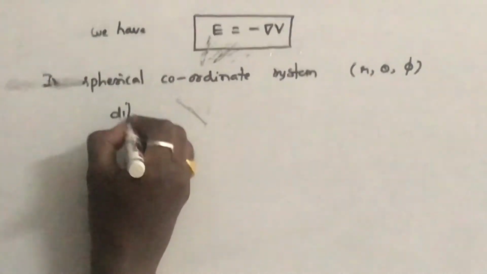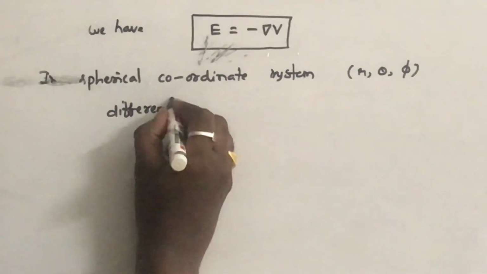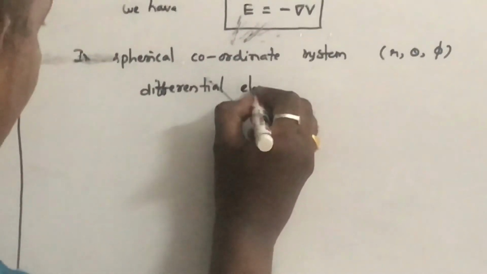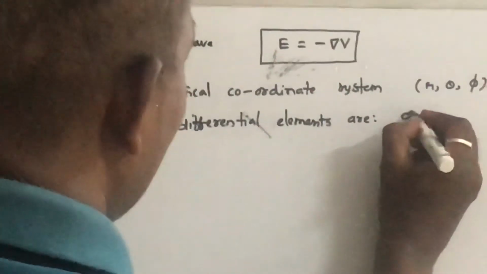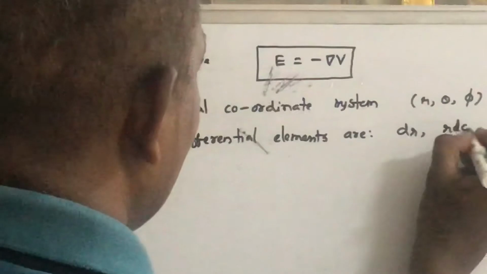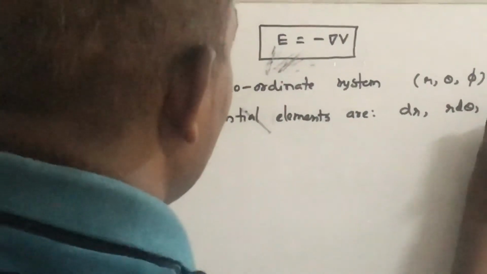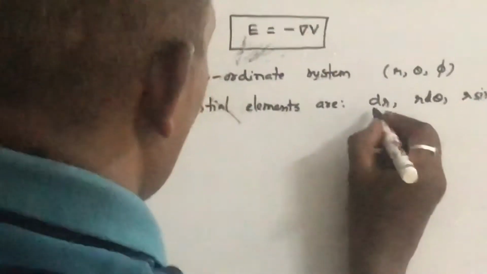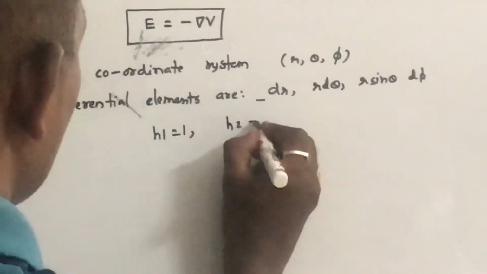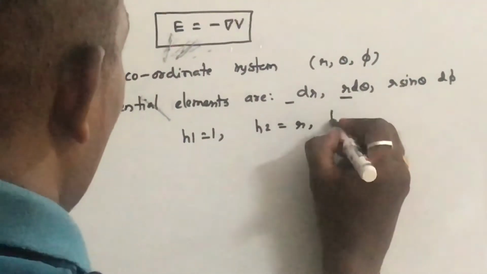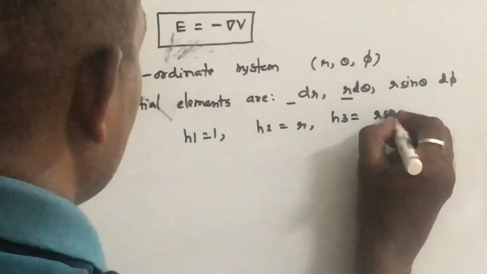The differential elements are dr, r d theta, r sin theta d phi, from which h1 is equal to 1, h2 is equal to r, h3 is equal to r sin theta.